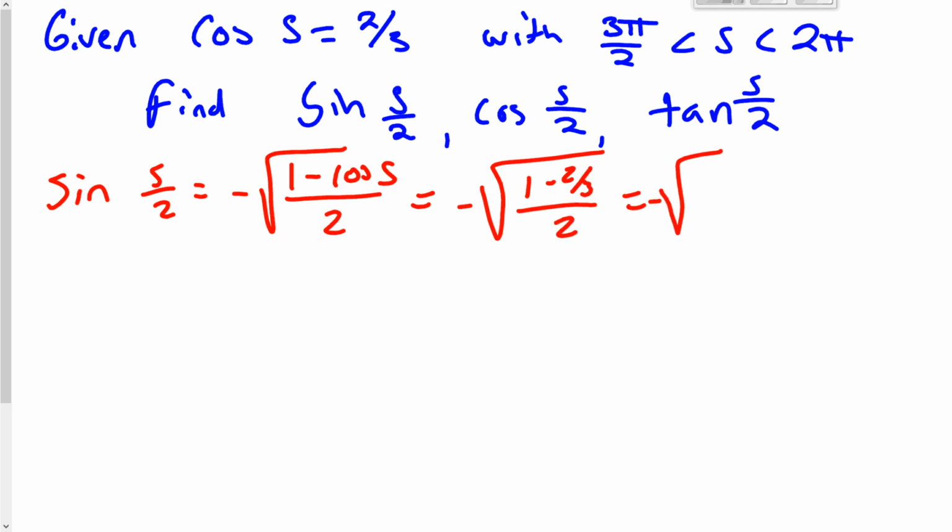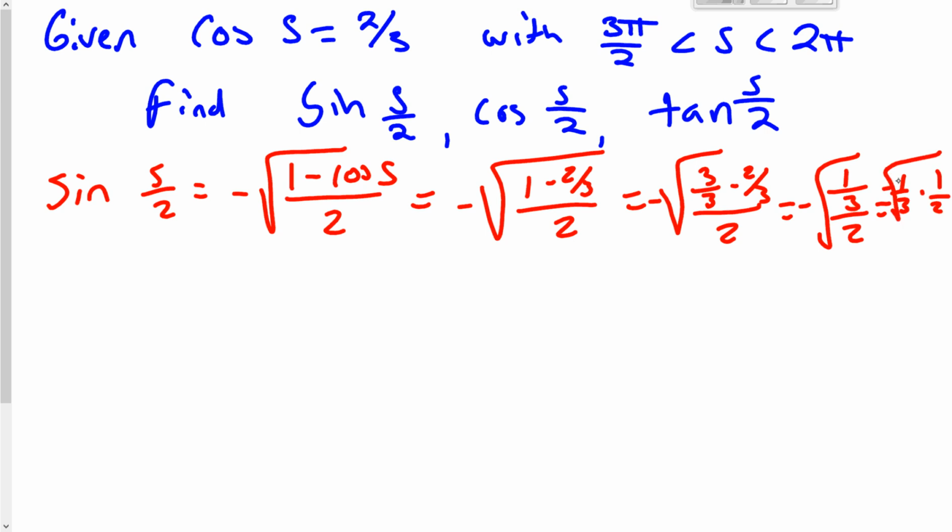So that is 3 over 3 minus 2/3 all over 2. And so that is 1/3 over 2 square rooted, and it's going to be negative. We can rewrite that as 1/3 times 1/2 square root, and it's negative, and so we get sine of s over 2 is equal to negative square root of 1 over 6.